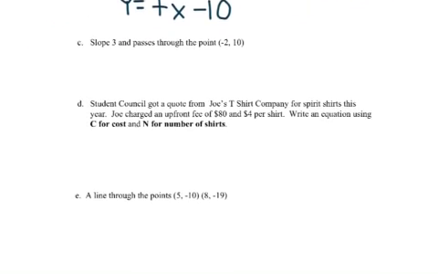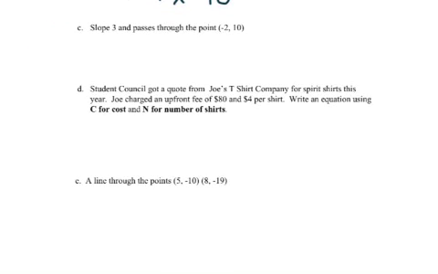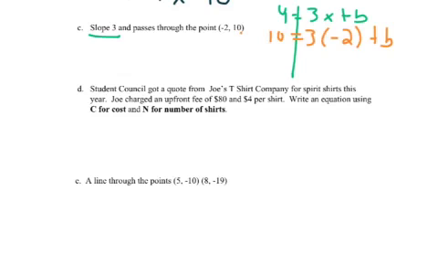For part C, you are going to do something similar. So I would start writing my equation, and it gives me my slope of 3. So I would have y equals 3x plus b. Just like before, to get your b, you have to plug in your ordered pair. So instead of y, I'm going to plug in 10. So I have 10 equals 3, instead of x, I'll plug in my x value, which was negative 2, plus b.